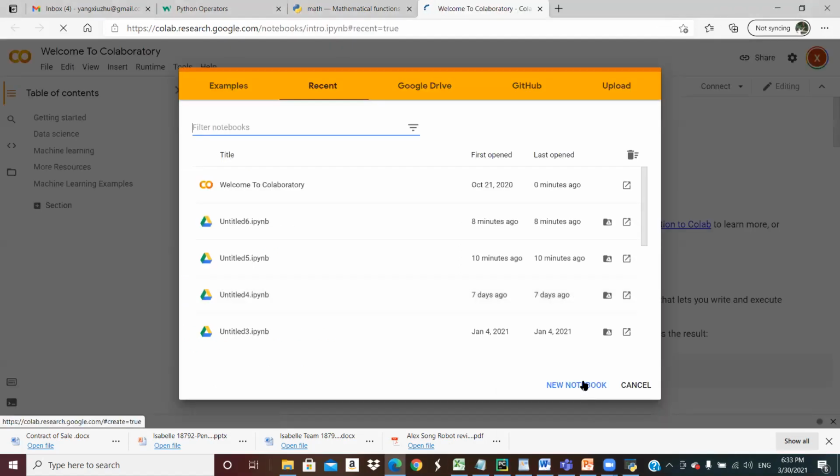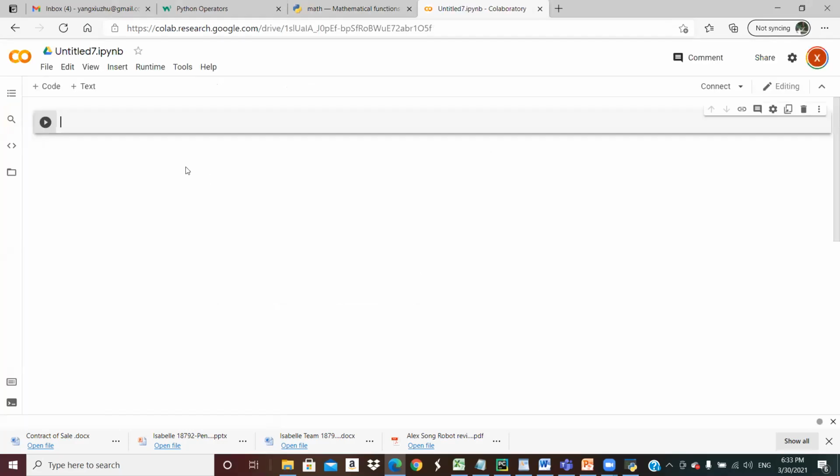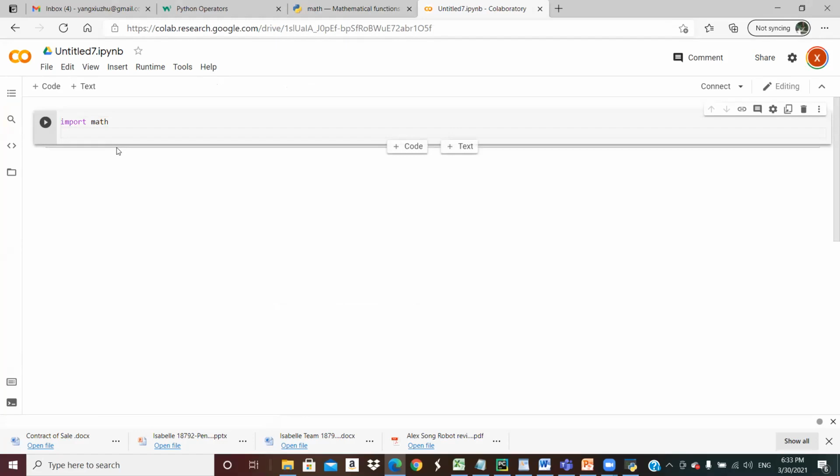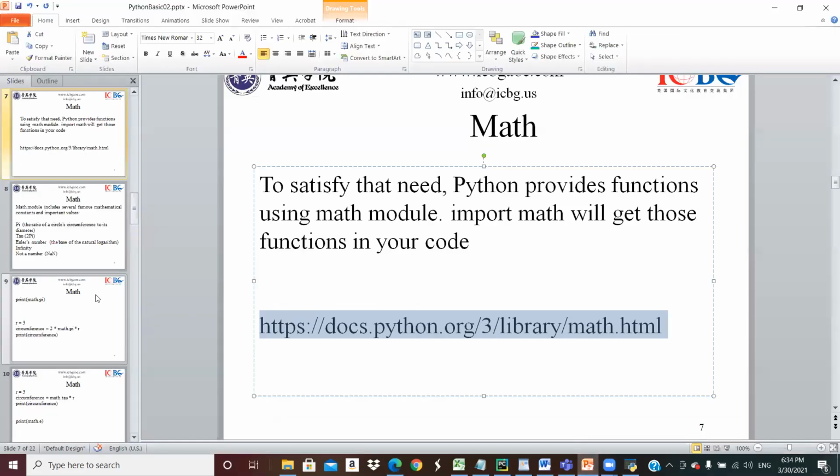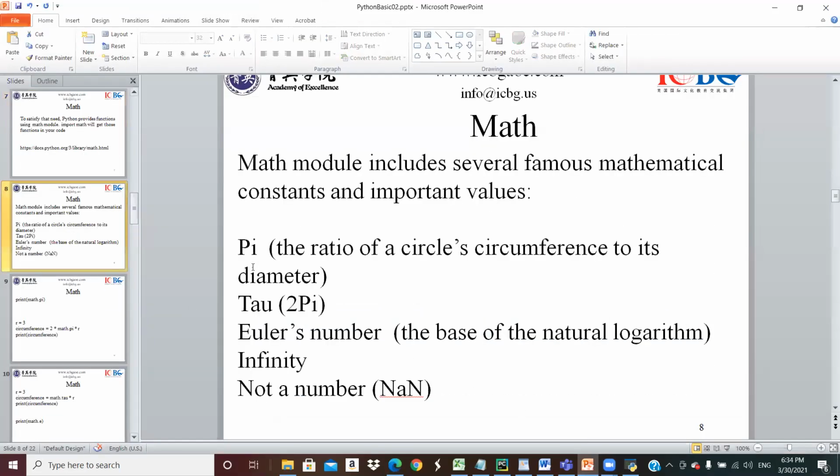Okay, so I definitely deleted my other program, so I hope you can see this one better. So you say import math. Now you can use math, right? So what do you want to do? Let's do some examples, okay? So you go to the next page here.